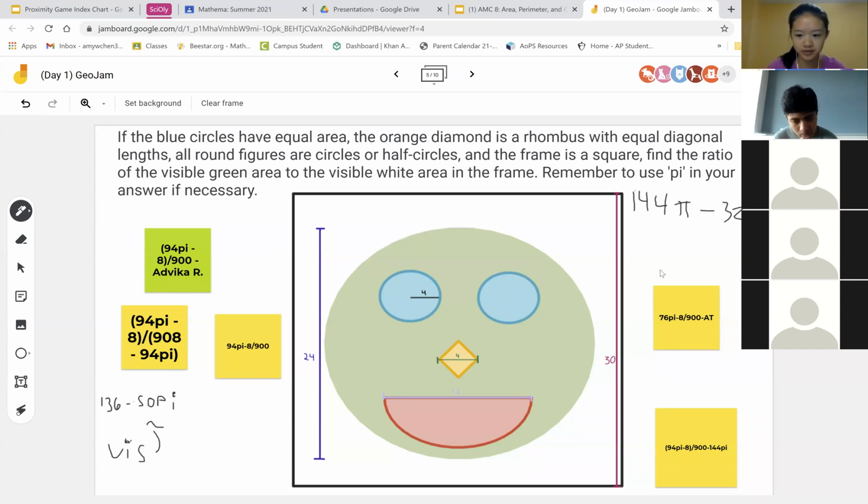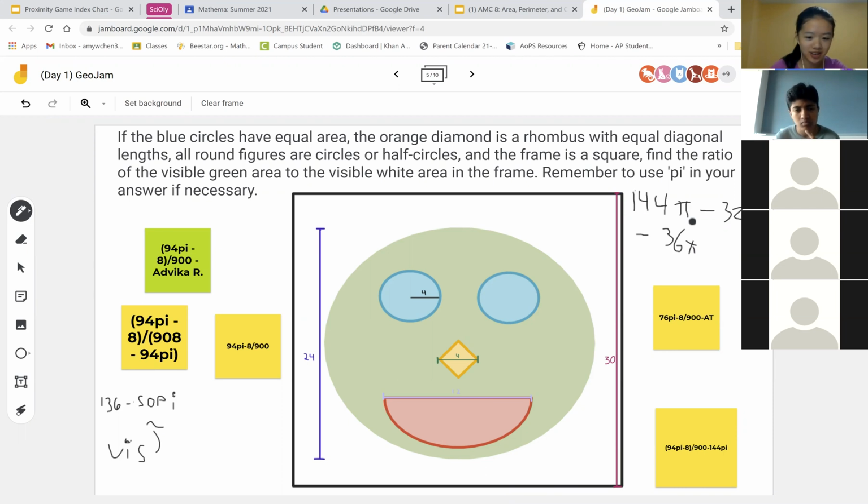And then I found the area of the red circle, which is like the mouth, and very faintly, I think it says 12 as its diameter, so it would be 6 squared pi, which is 36 pi. Wait, one thing.